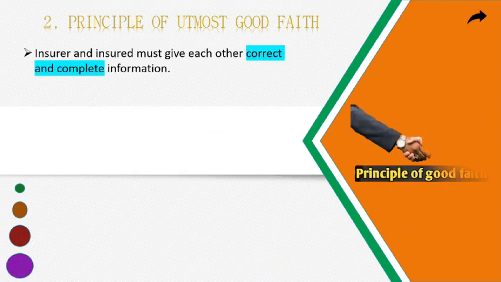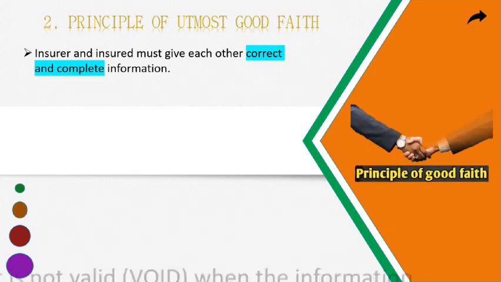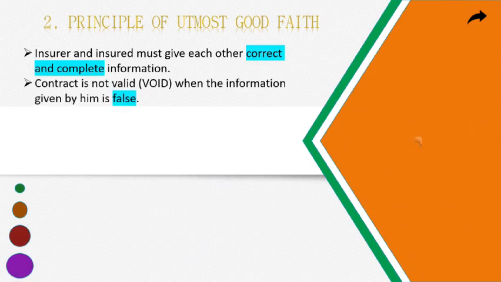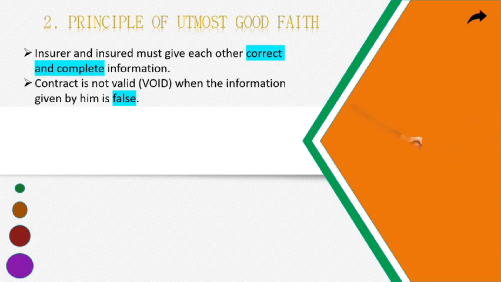The insurer and the insured must give each other the correct and complete information. That is, the exchange of information between insurer and insured must be with good faith. The contract is not valid, or the contract will be void, when the information given by either of them is false.